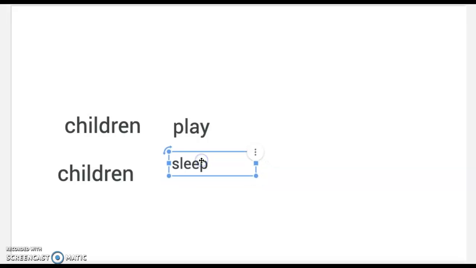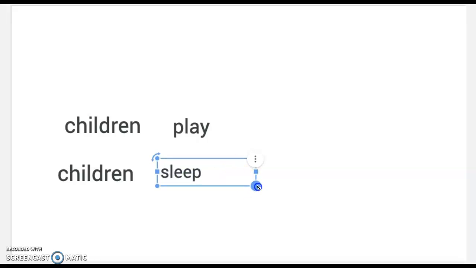Okay, so there's two verbs that we put with children. We know that children play, and we know that children sleep. So what I want to know is, if we have a noun and we have a verb, does that count as a sentence?